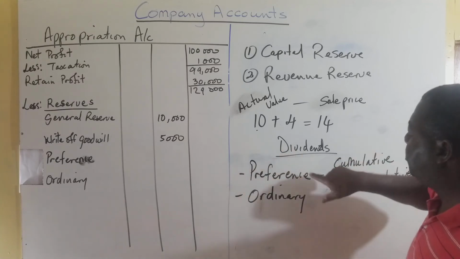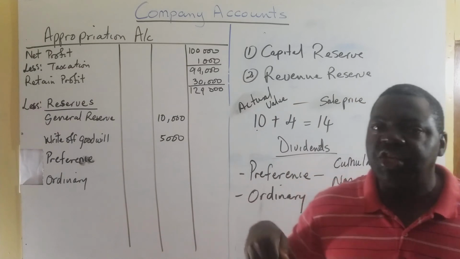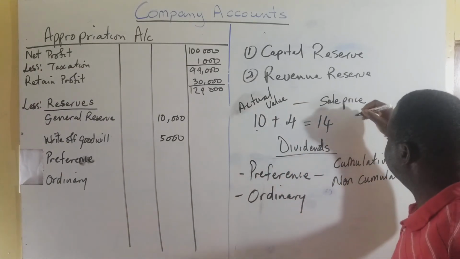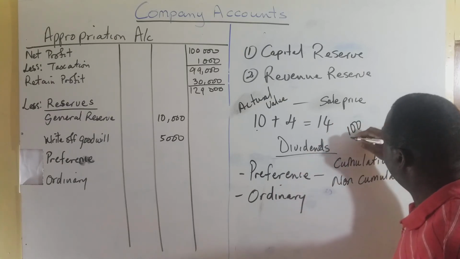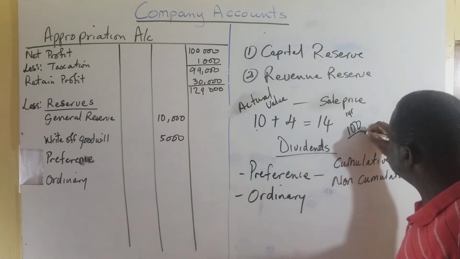So cumulative means if the company owes the shareholder monies or dividend for last year, let us say, for argument's sake, we have $100 that must be paid in year one, and it was not paid.